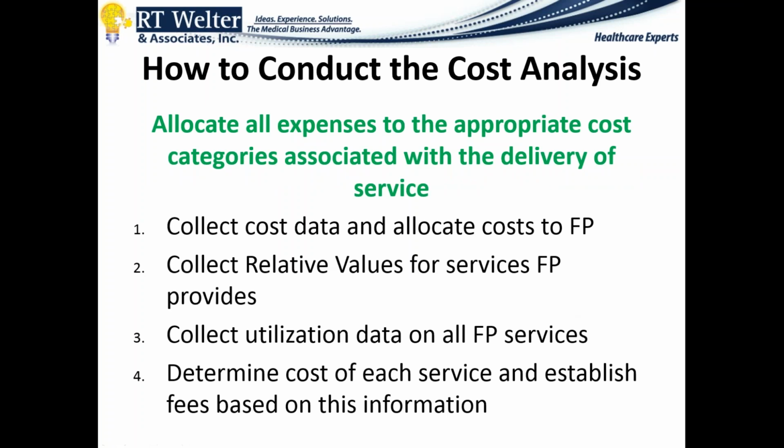So we really went from A to Z on what this process entails as far as how to conduct a cost analysis. You're allocating all expenses to the appropriate cost categories and looking at your relative values for the services that family planning provides, the utilization, analyzing how much volume for each individual family planning service, and then determining the costs of each service and establishing fees based on all of this information.